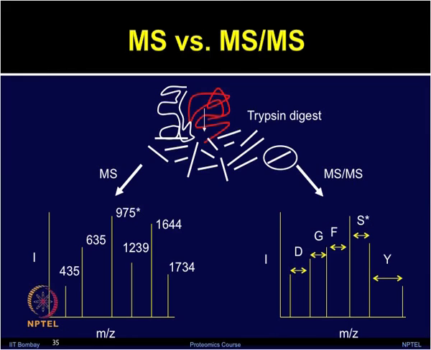This slide gives you a comparison of MS versus MS/MS analysis. In MS, a peptide is fragmented and masses of the fragment ions are recorded in a spectrum. The Tandem MS or MS/MS uses two stages of mass analysis, as we talked about earlier.